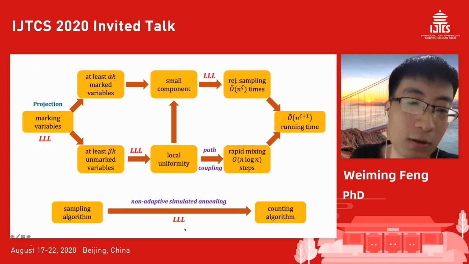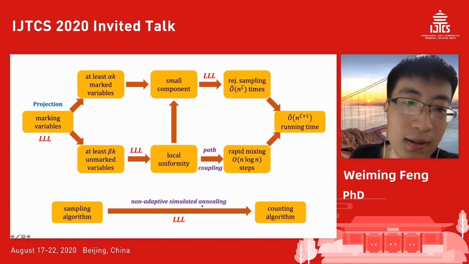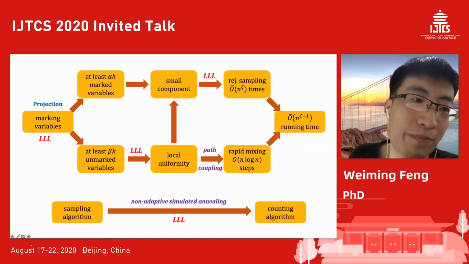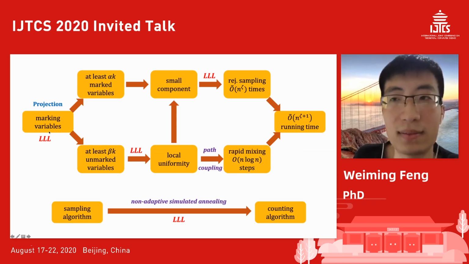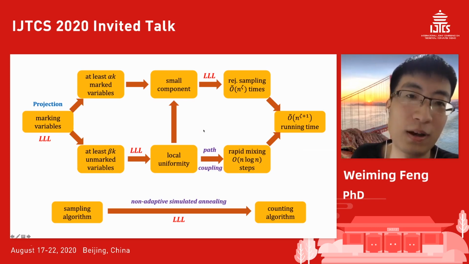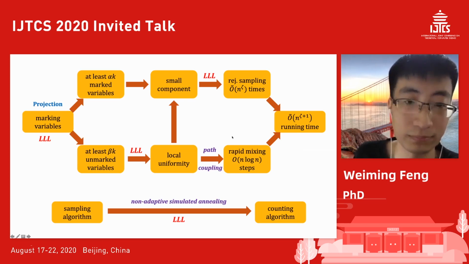Again, by the Lovász local lemma, we can use the non-adaptive simulated annealing reduction to get a counting algorithm. So overall, we use the projection, namely marking variables, to bypass the connectivity barrier of the Markov chain Monte Carlo method, so we can use the well-developed MCMC technique to analyze the running time for sampling CNF solutions.